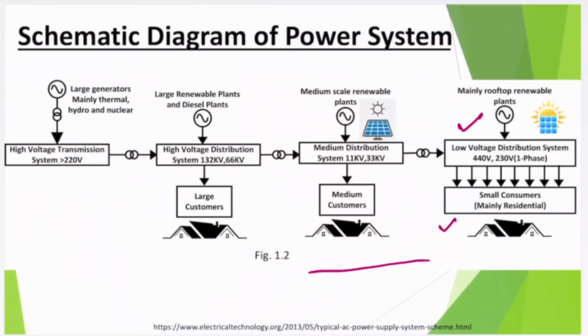So we can note down one point here, dear students: renewable integration into the distribution and transmission system not only enhances the energy capability of a power system, but may also reduce the distribution and transmission losses in the long run.